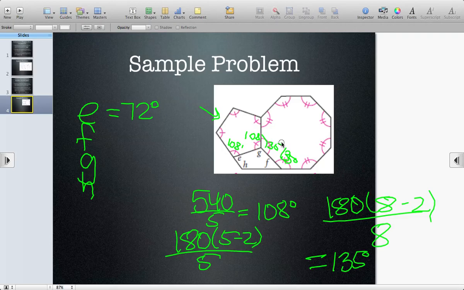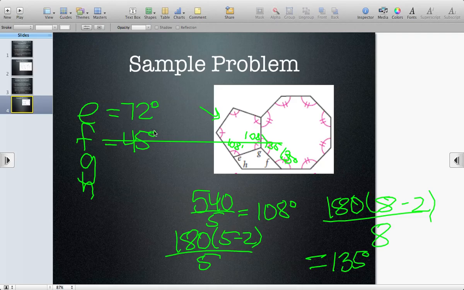All right, so angle F, of course, is a linear pair to that octagon angle. So 180 minus 135 is going to be equal to 45 degrees. All right. So we have the two easy ones.